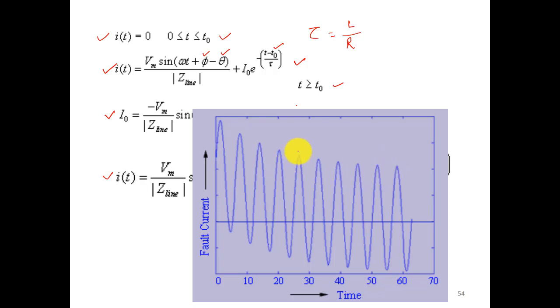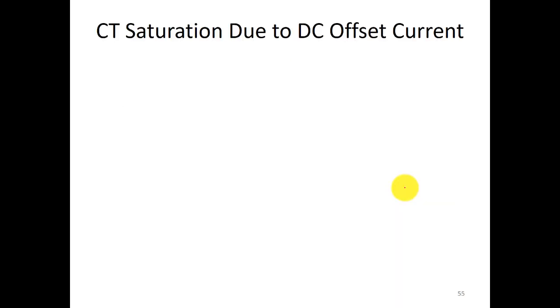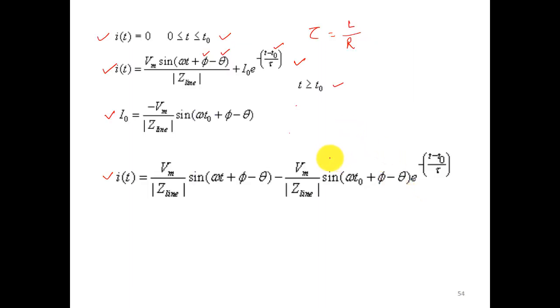So your sinusoidal component gradually becomes steady after maybe 5 times the time constant or 10 times the time constant. Generally here we took 5 times the time constant. This is the DC offset current we have seen already.